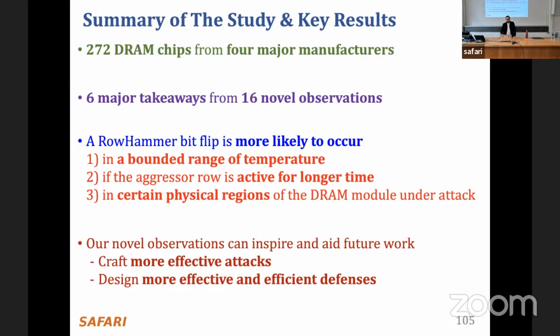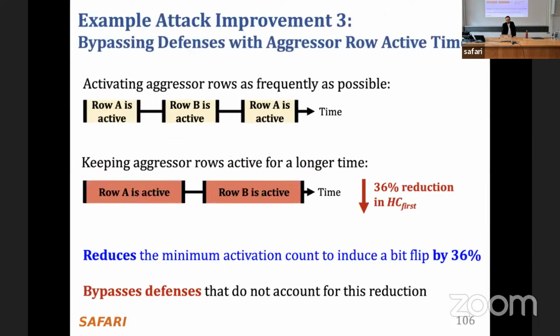And we show that our observations can inspire and aid more effective attacks and more effective, efficient defenses as well. So it's better to know, right? If you know all these sensitivities, then you can improve your attacks or defenses. We do not want attackers to improve their attacks. We want to achieve better defenses, but you need to study both to do that.